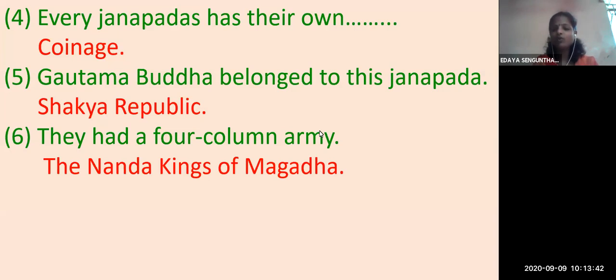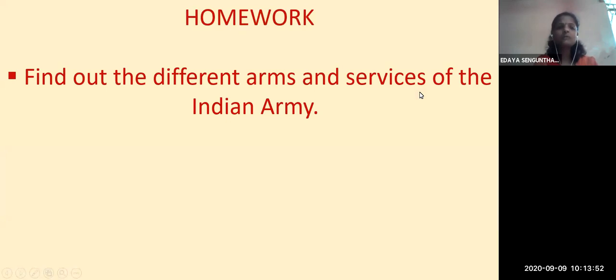Okay, we will move to homework. Find out the different arms and services of the Indian Army. Like the Nanda kings were having their own four-column system, like infantry, cavalry, chariots and elephants.